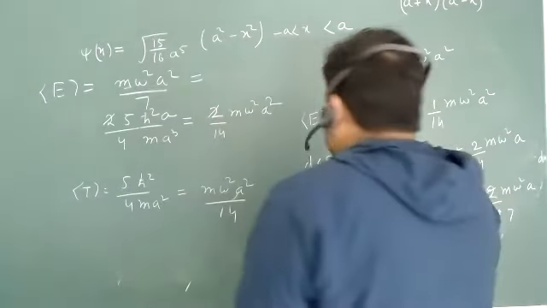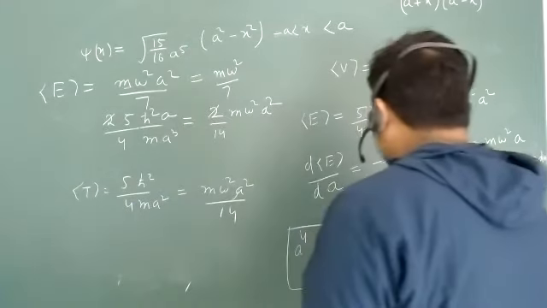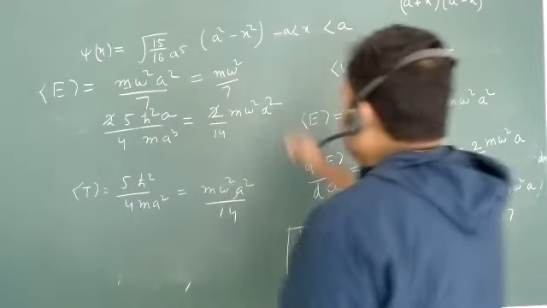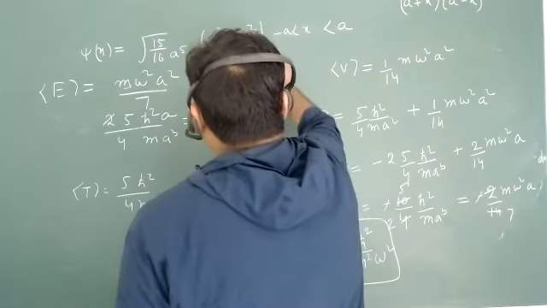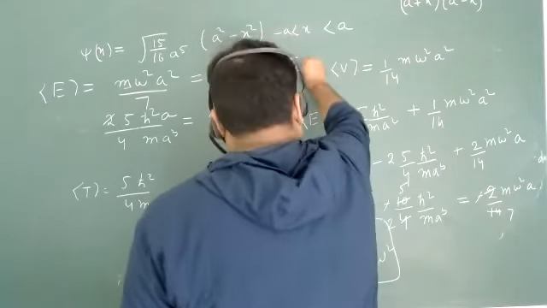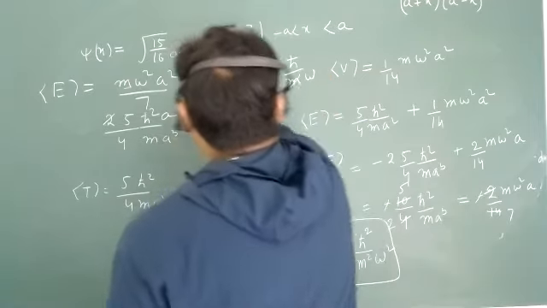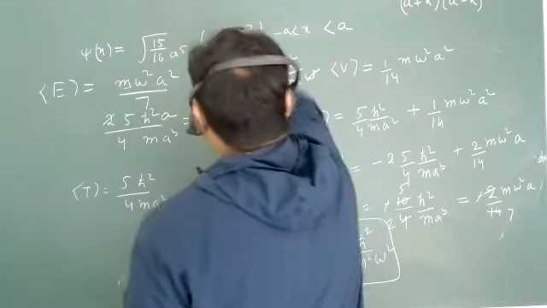We have m omega square by 7. If I put the value of a square here, then that will be 35 by 7 and h cut upon m omega. Look, the dimension is absolutely correct, isn't it?